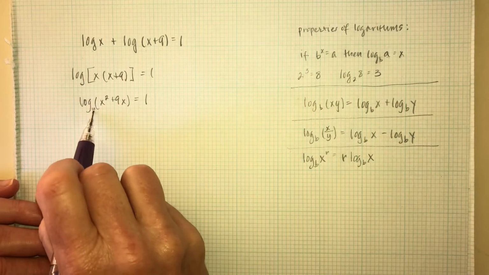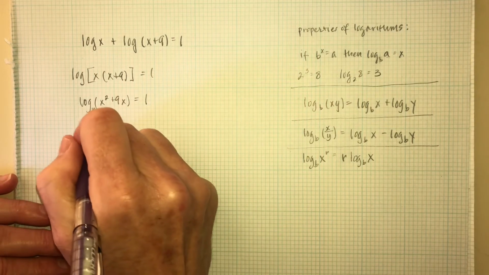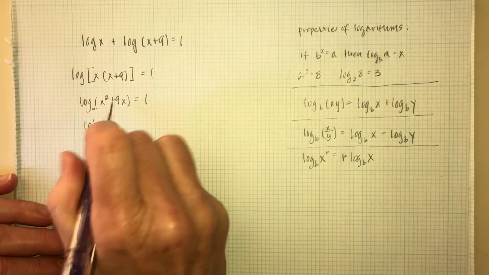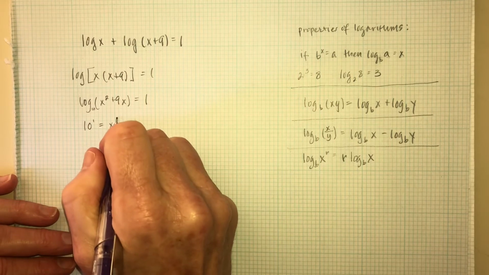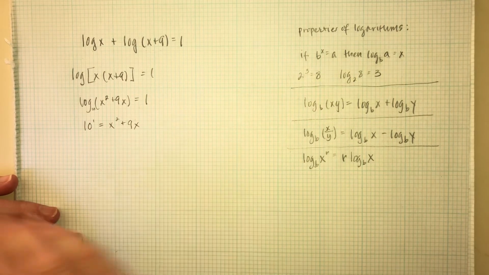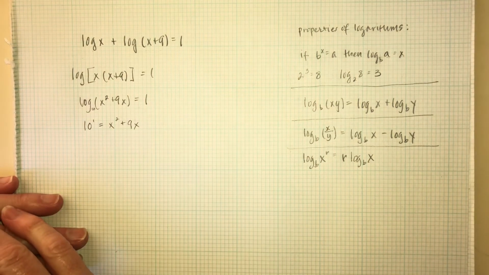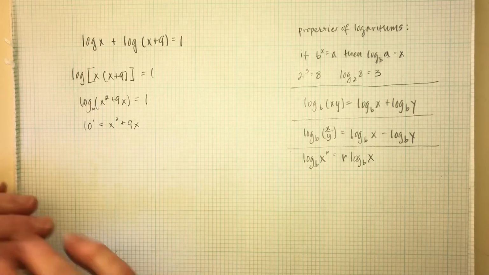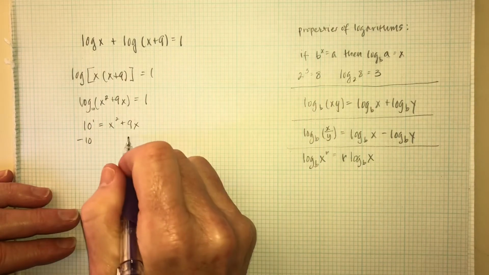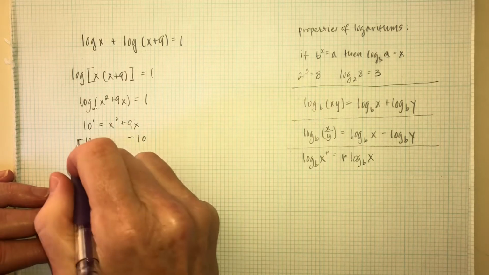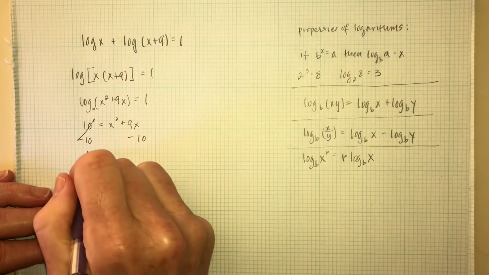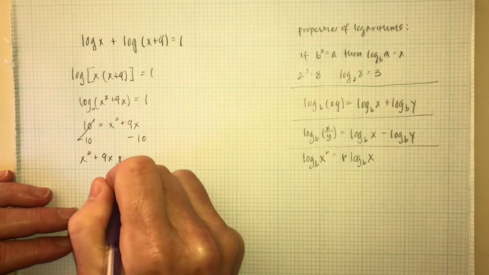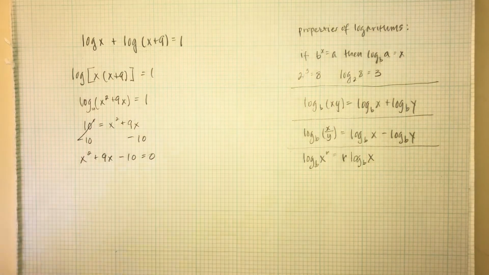So we can say 10 to the first power equals whatever's in here, which is x squared plus 9x. So at this point, we want to get everything on one side of the equation. So we'll subtract 10 from both sides, and that gives us x squared plus 9x minus 10 equals 0.